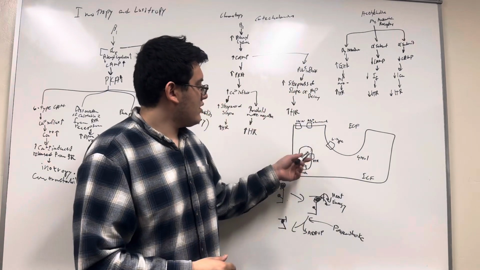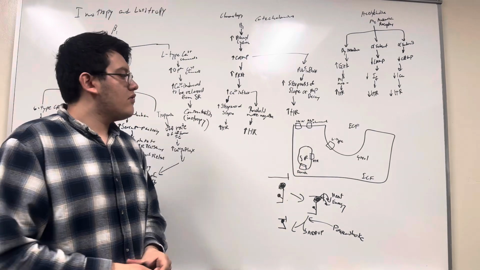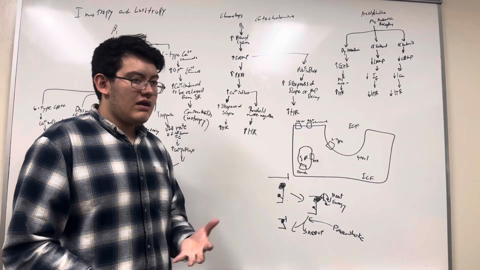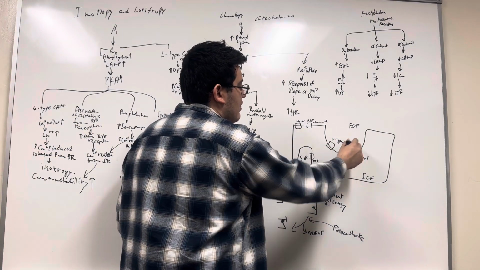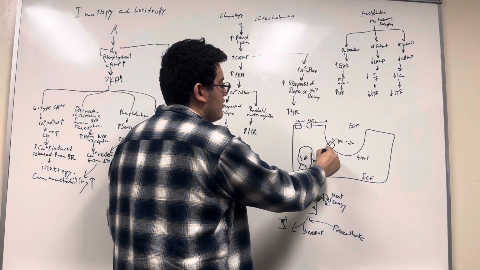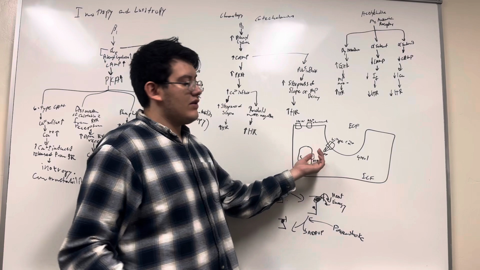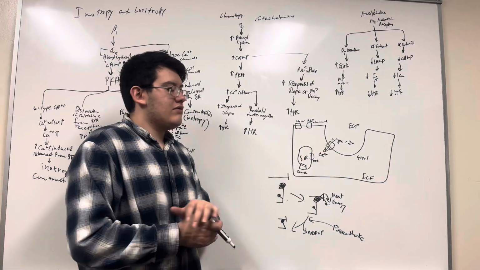If we take a look at this picture, this is what we're talking about right here in the SR. So when PKA phosphorylates these L-type calcium channels, it causes calcium to come in more. So now we have a lot of calcium inside our ICF, or our cytosol, as we say it.